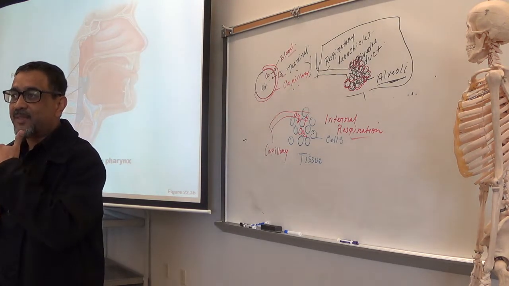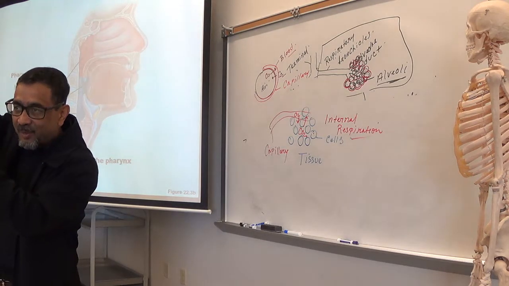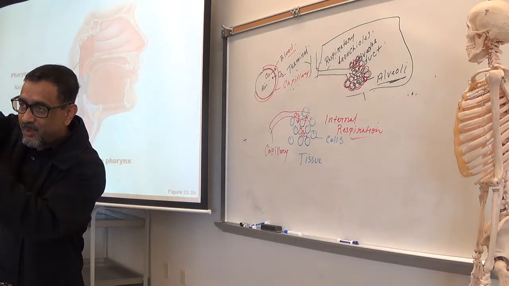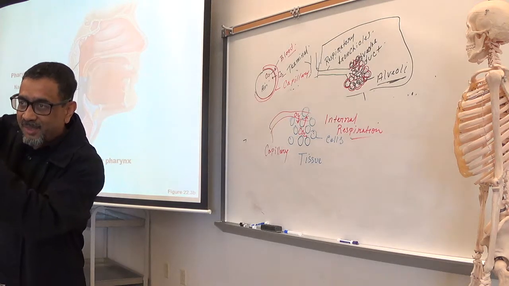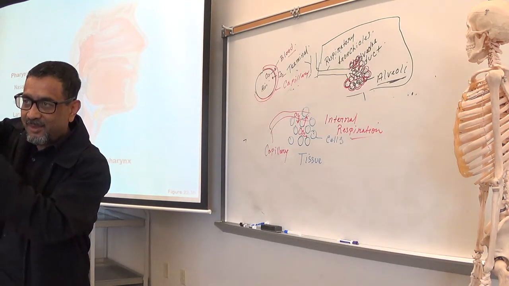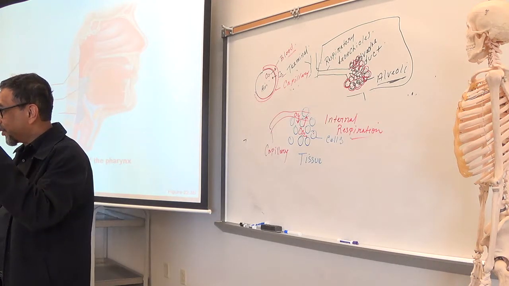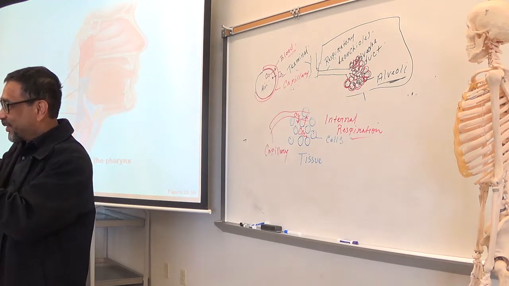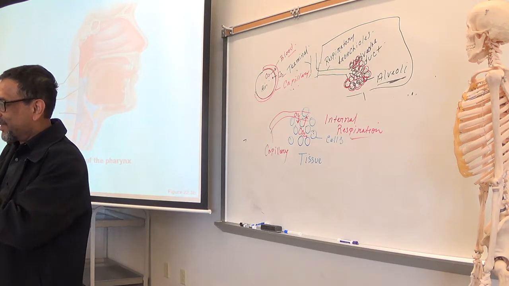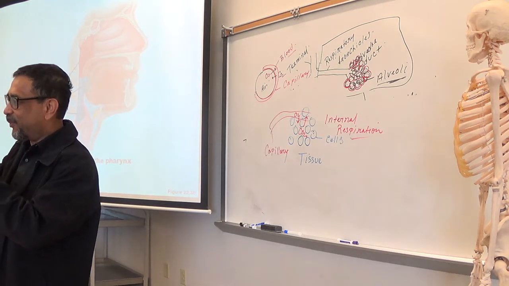The oropharynx and laryngopharynx, food also passes through them. So friction occurs there. Is it clear? Now you tell me, from NP1, anybody remember I told you those areas where you get a lot of friction, like the esophagus and skin. What kind of epithelial lining?